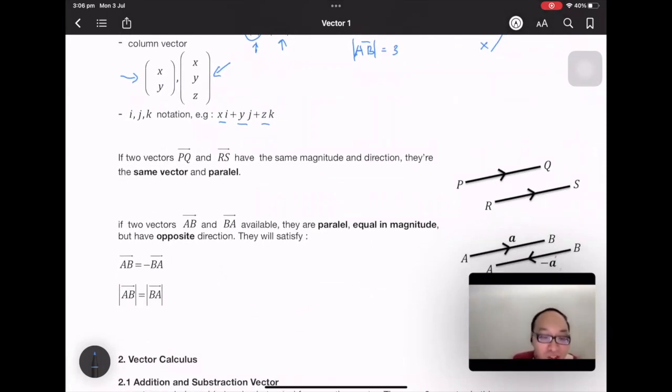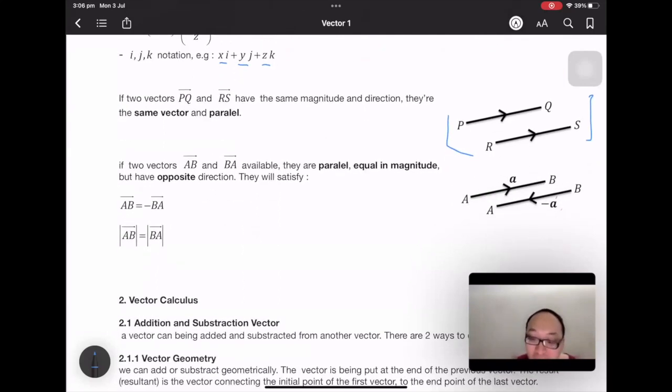If two vectors PQ and RS, you can see the picture, have the same magnitude and direction, we can say that PQ and RS have the same direction and same magnitude, same length. So we can say that they are the same vector and parallel.